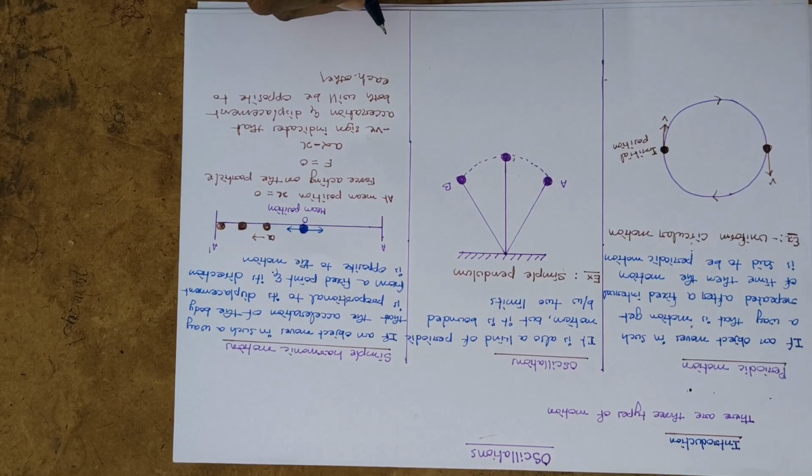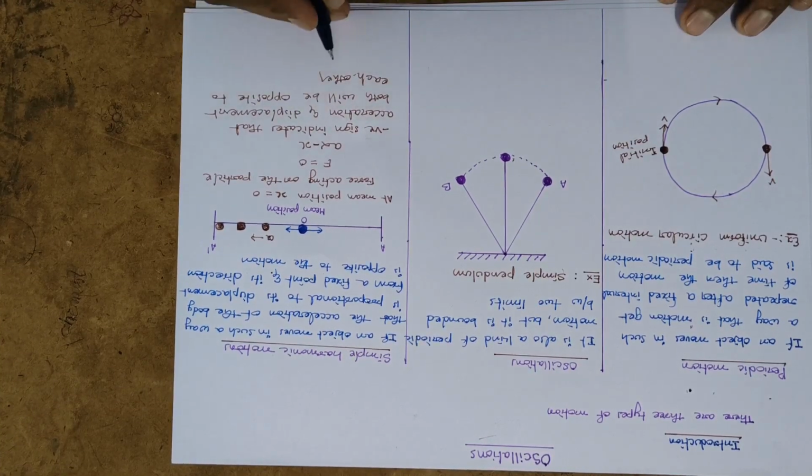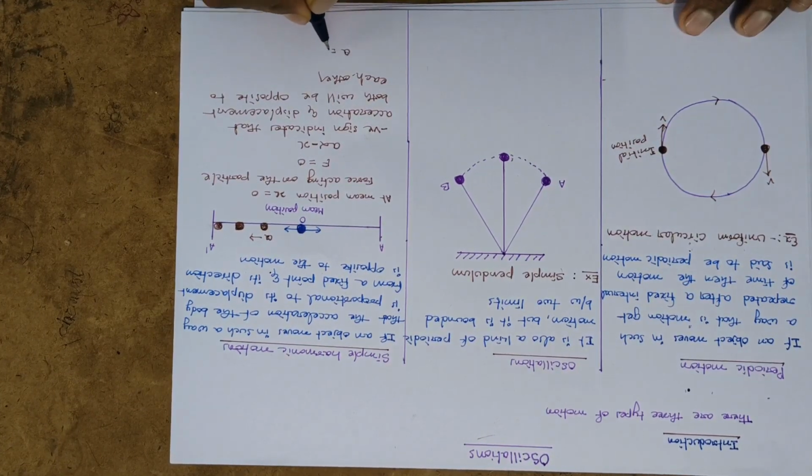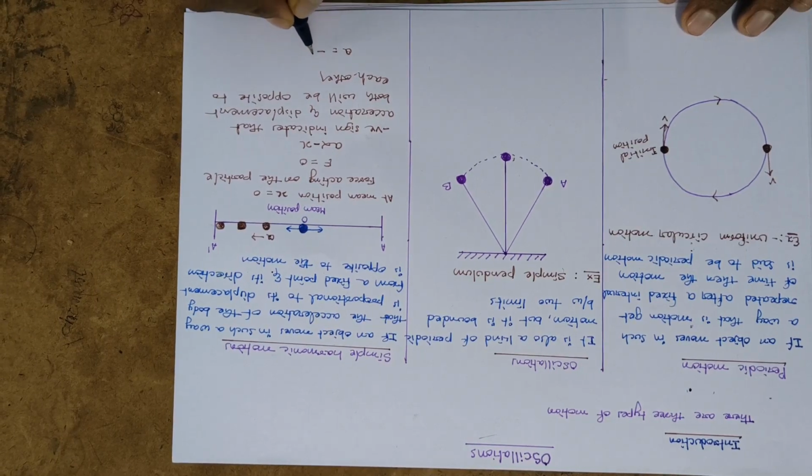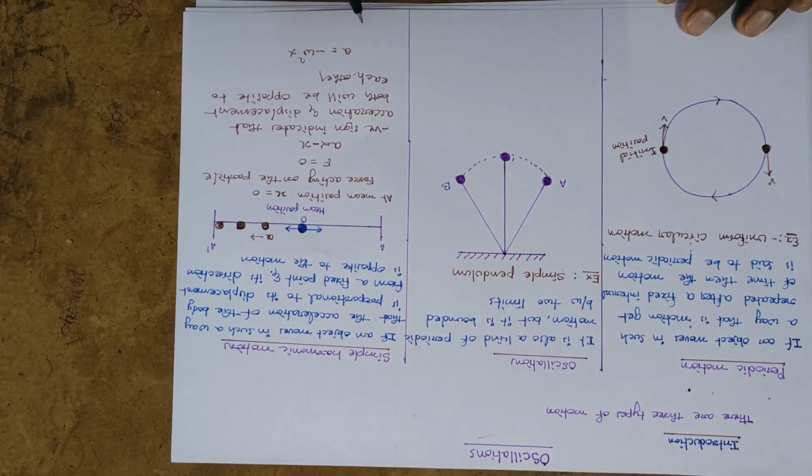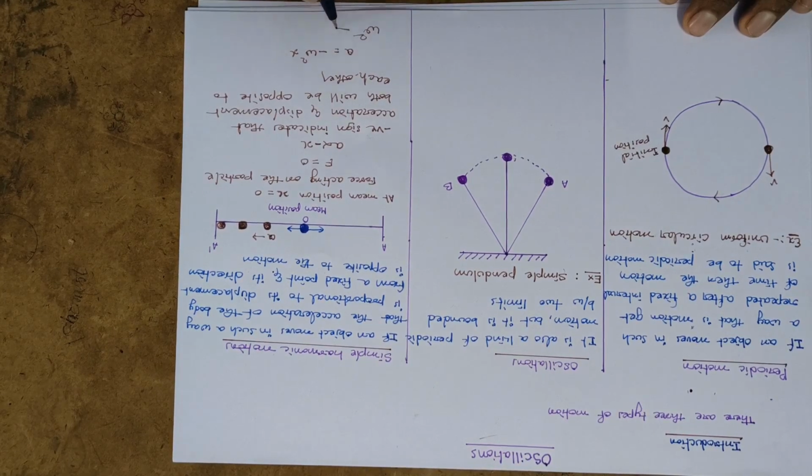Okay, so I am going to remove this proportionality constant. For that I am taking a is equal to minus omega square into x, where omega square is a constant.